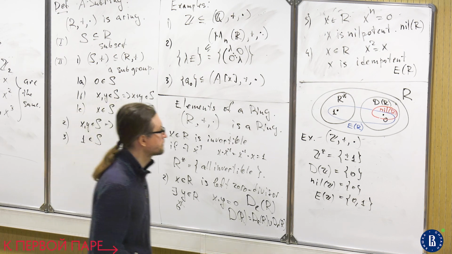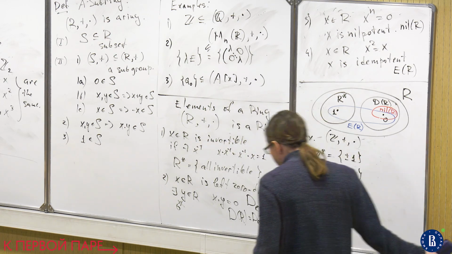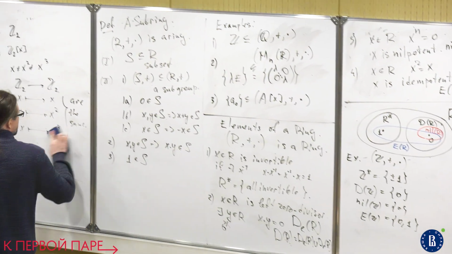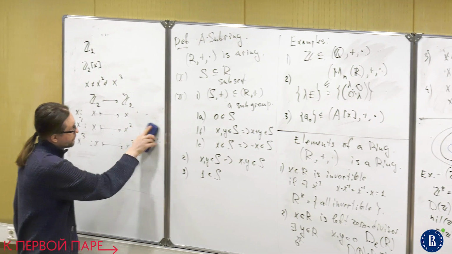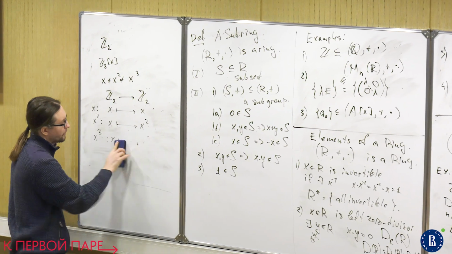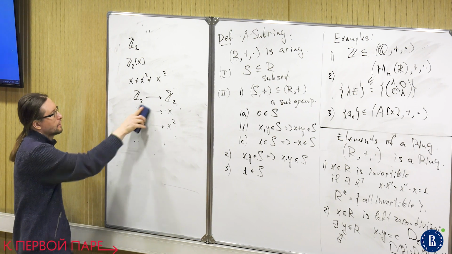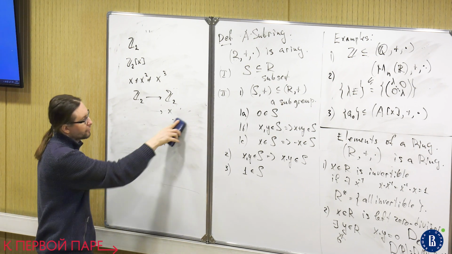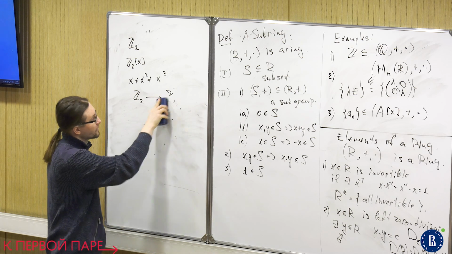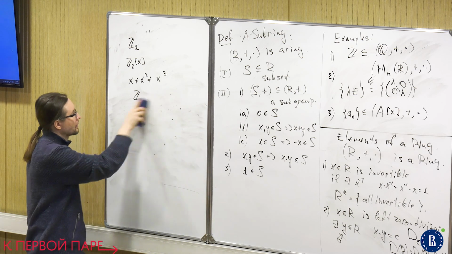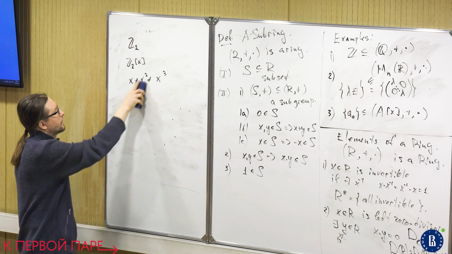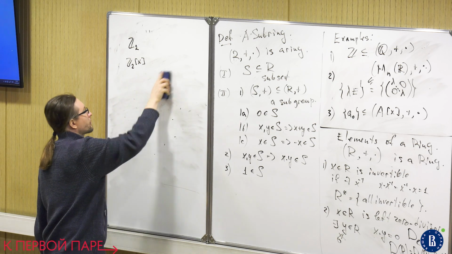Okay, so let's discuss another notion. The notion of an ideal. In case of a group, when we discussed subsets in a group, we used subgroups or normal subgroups.